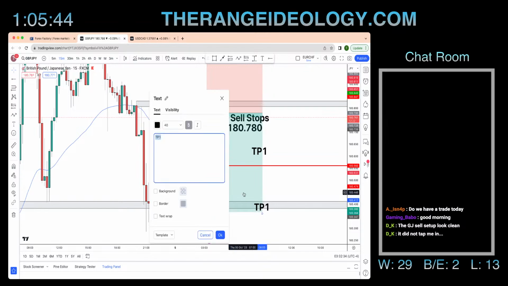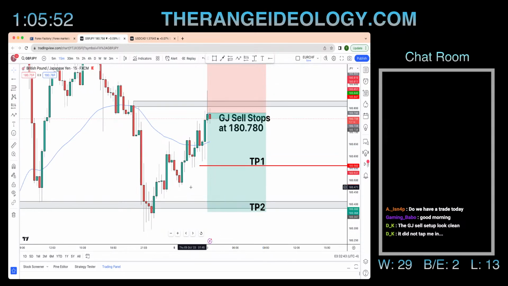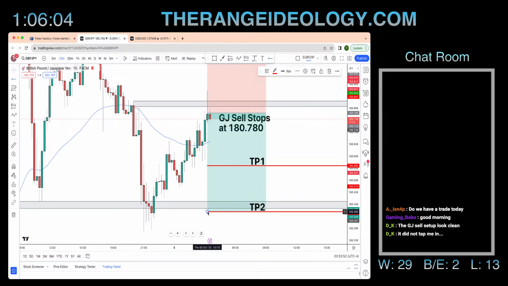TP2 would be down here. And TP1 would be here. Let me get a rate to draw here as well. And here you go. All right.